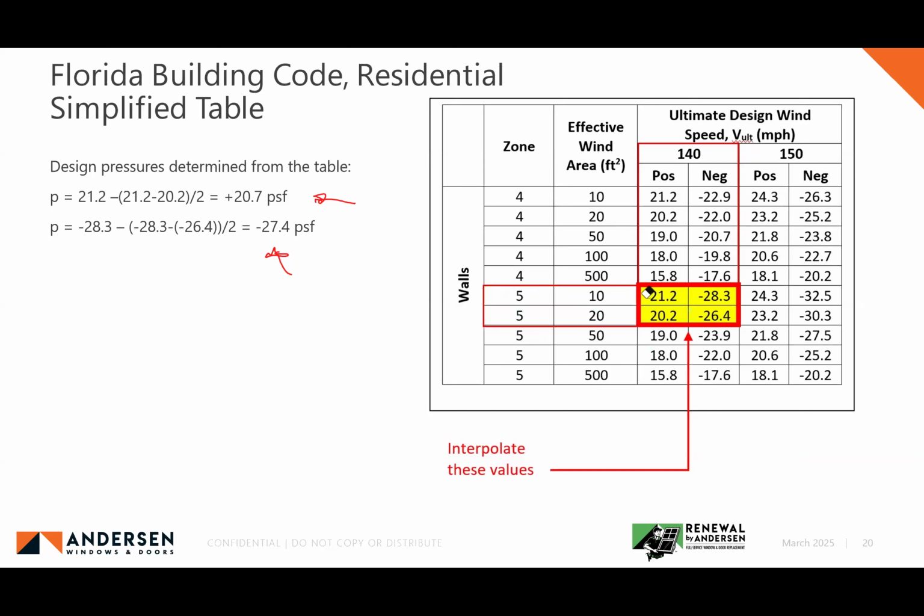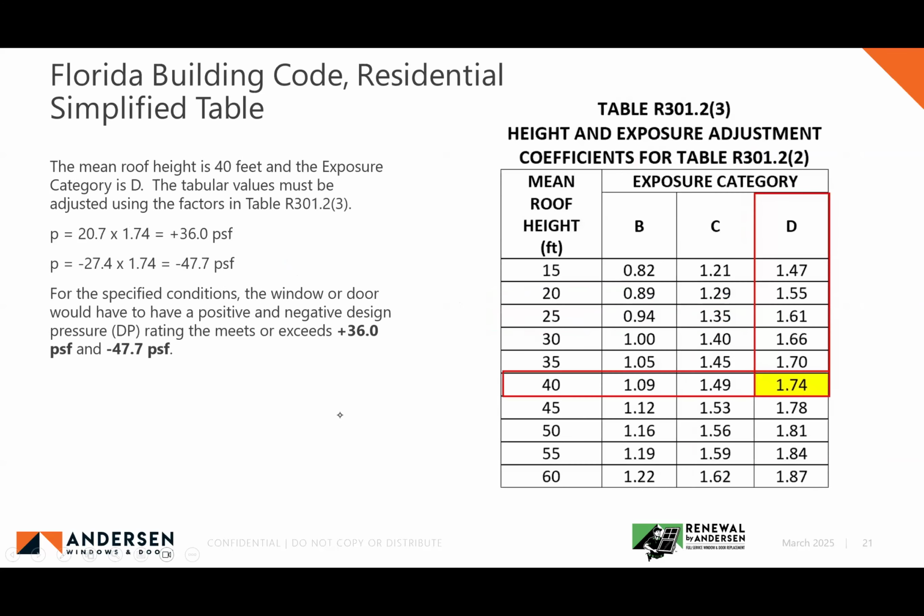But we've only done part of what we need to do. We said we had a mean roof height of 40 feet and exposure category D. So we'll have to go to the next table, the height and exposure adjustment factor table. And we're exposure D, so we're over here in the far right column.